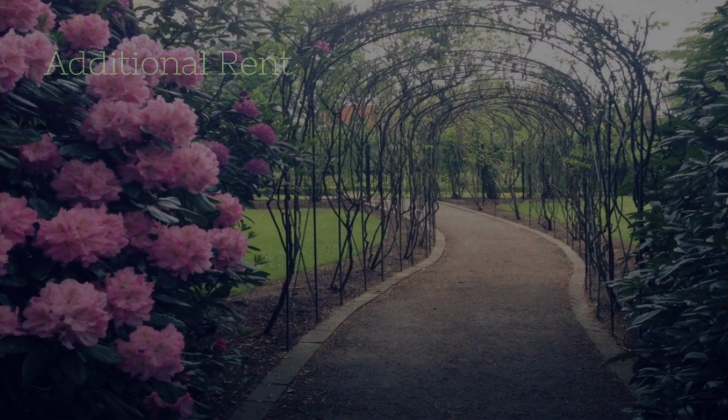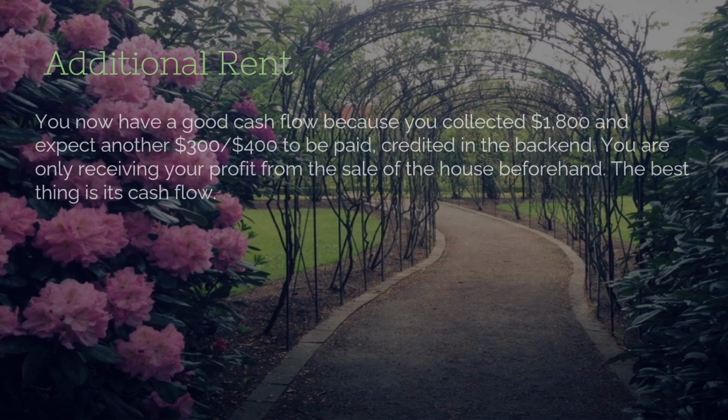So you now have a good cash flow because you're receiving, let's say, $1,600 or $1,800 plus an extra $300-400, and in some cases an extra $1,000 credited each month to your account. And don't worry at this moment, because it's your current cash flow. It's helping you with the cash flow. It's helping you with qualifications for the other properties.